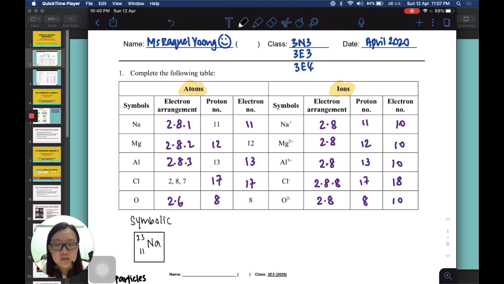Basically, what you can get is the number 11, which is the proton number, and 23, which is the mass number.